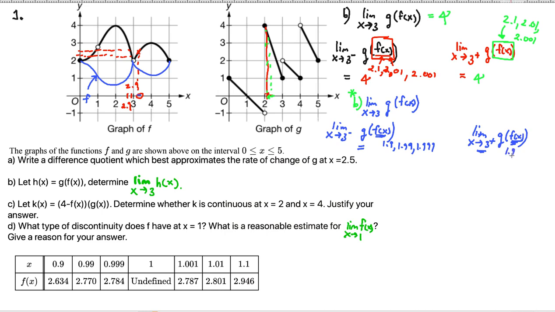So these inner values, these x values for g, are going 1.9, 1.99, 1.999, and so forth. And if you look, these x values for g are coming closer and closer to 2, but from the left of 2, from below 2. So that means that I'm going to be over here.